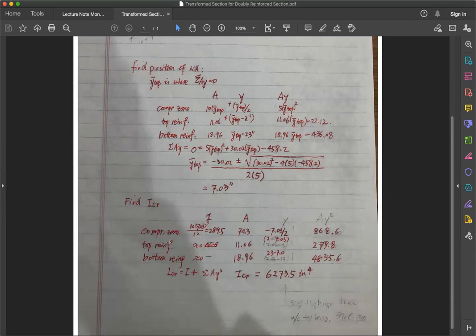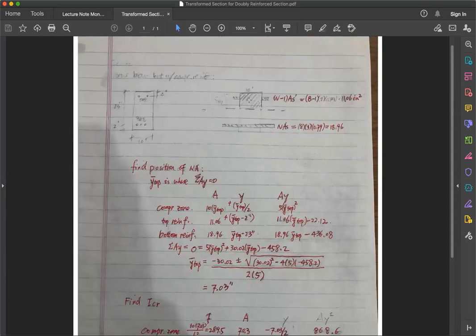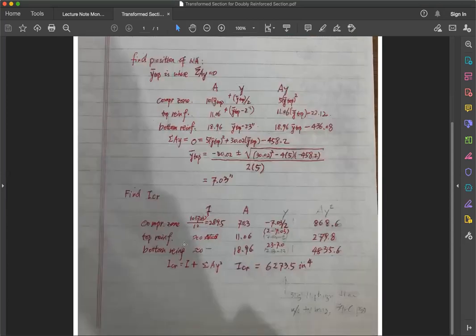Notice that for the top compressive reinforcement, it is just these little bitty wings on the side at the top, so you don't have to worry about its own moment of inertia; I itself is ignored, but you still have to consider the area and the distance squared. For the bottom reinforcement, similarly, you ignore the moment of inertia of itself, but take into consideration the A, the Y, A Y squared. Then you sum them up, and this is what you end up with.